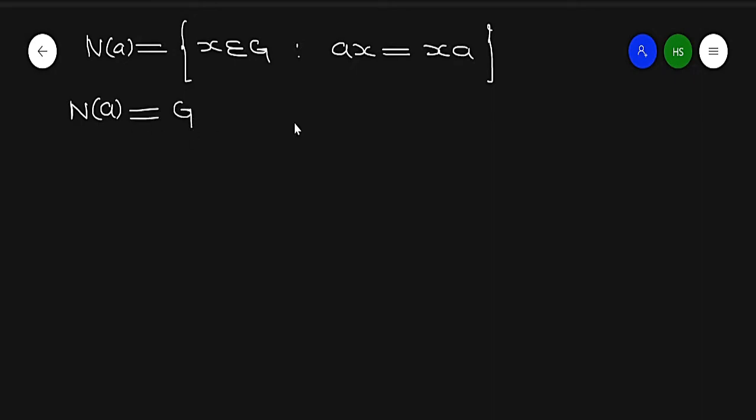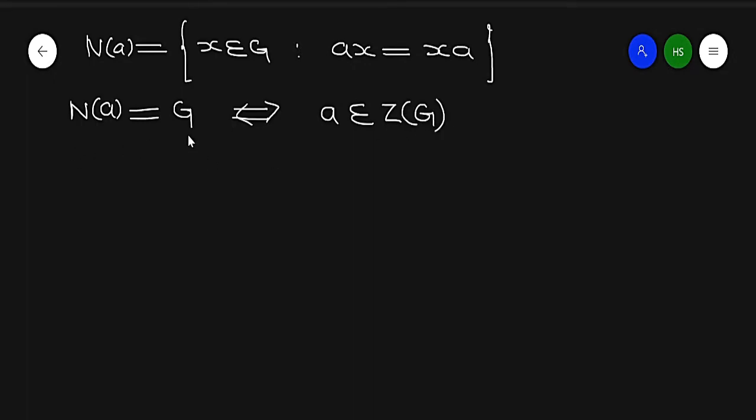A is some element belonging to G. The normalizer means all X belonging to G which commute with A. So AX and XA are equal. Now what is my aim? My aim is that the normalizer of A is equal to G if and only if A belongs to the center of G. So that is my result.